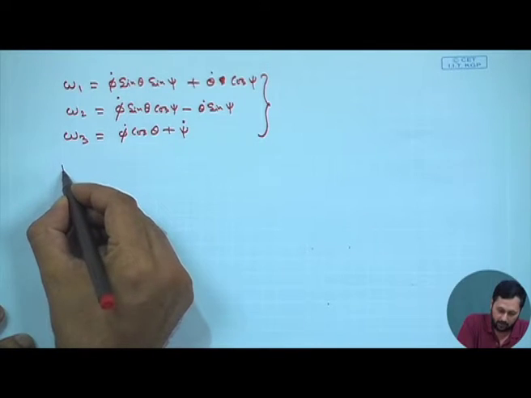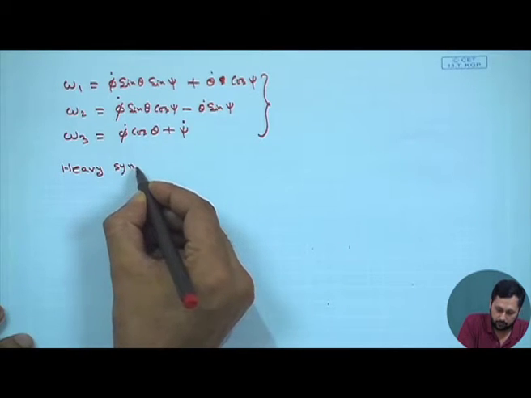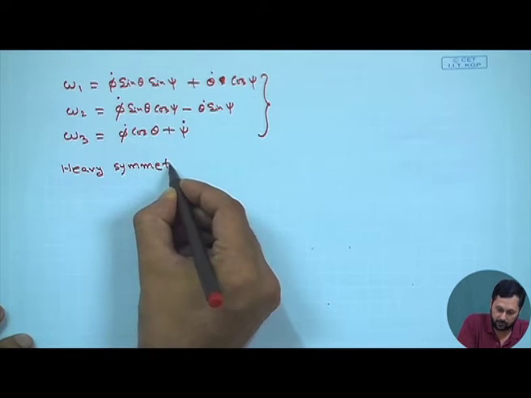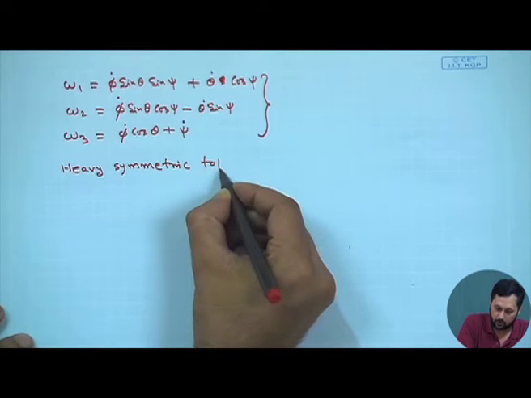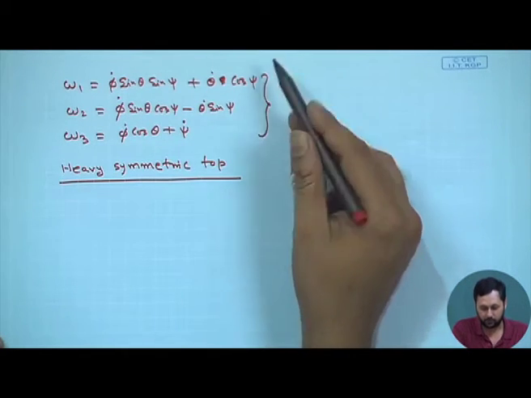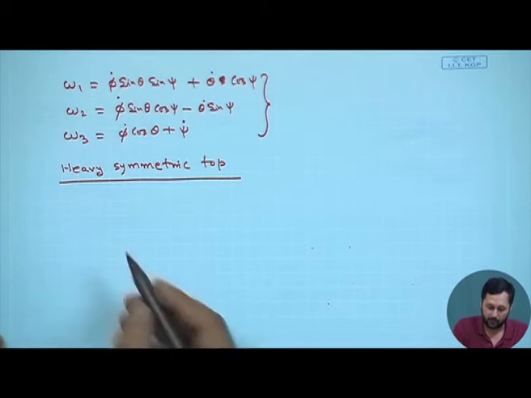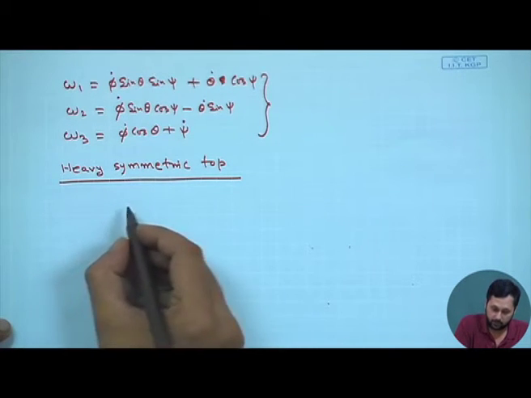So, we will take the example of the heavy symmetric top and figure out how to use these three sets of equations to express the motion of this top. Now, what is a heavy symmetric top?